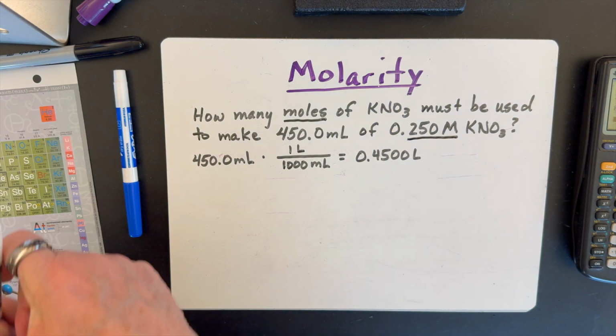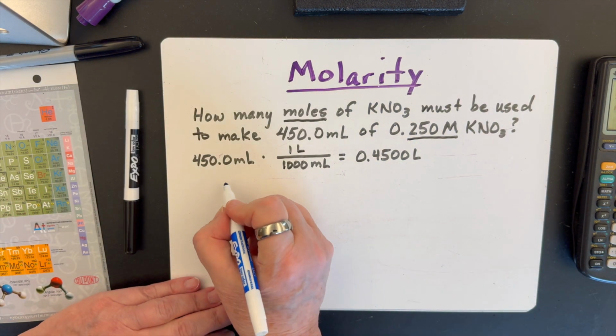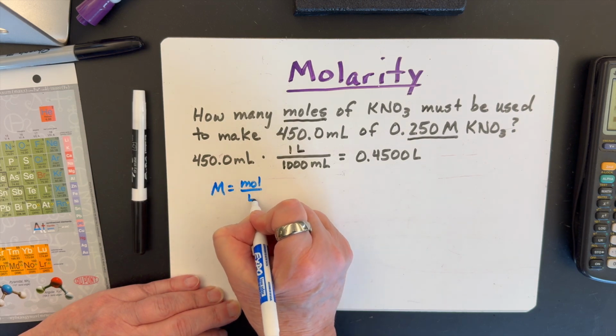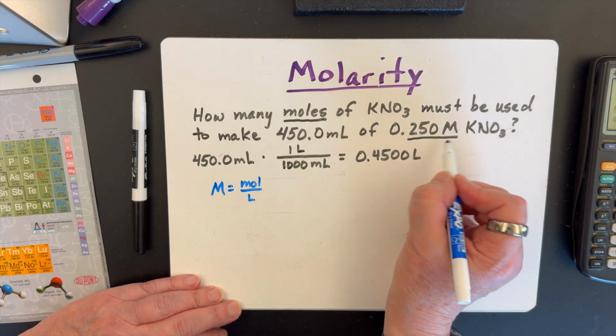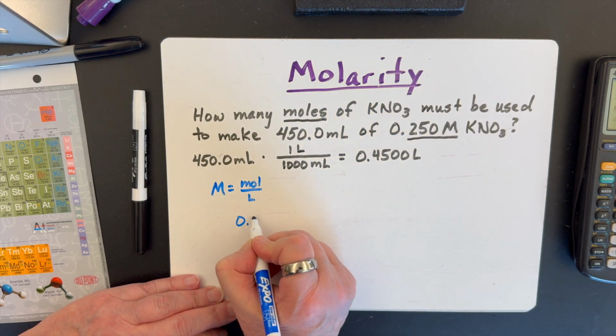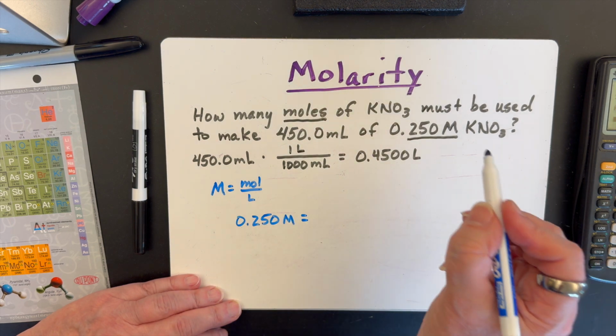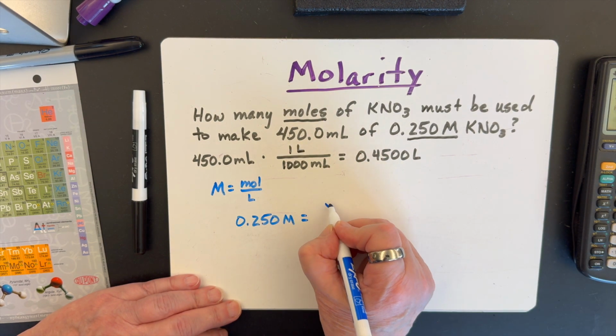We're being asked for moles, and we were given molarity. Don't confuse those two. So remember, molarity equals moles over liters. So our molarity is 0.250 molar. Our moles are what we are trying to find.